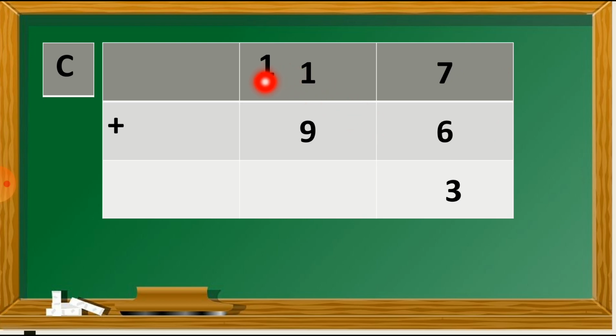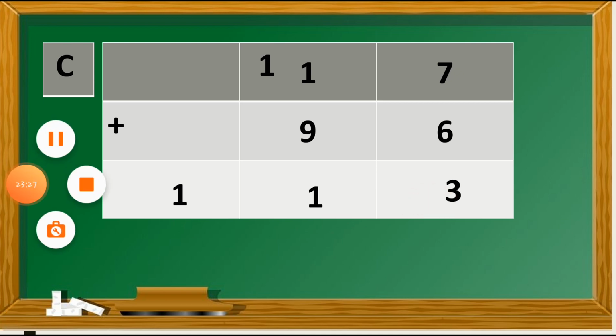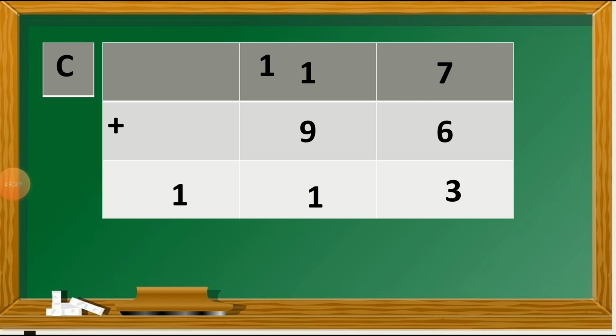The three numbers together, 1 plus 1 plus 9, is equal to 11. So write down 1 at the tens column, and the other 1 will move to the hundreds column, and you can write the answer this way. So the answer is 113. You can write the answer this way, 113.